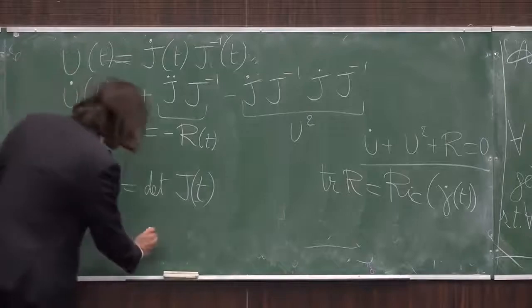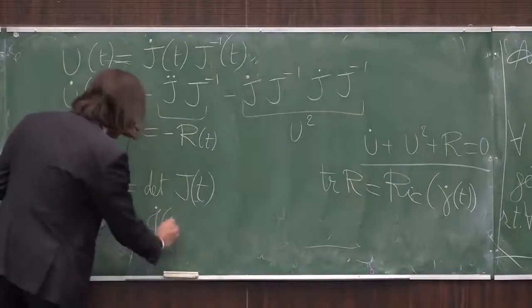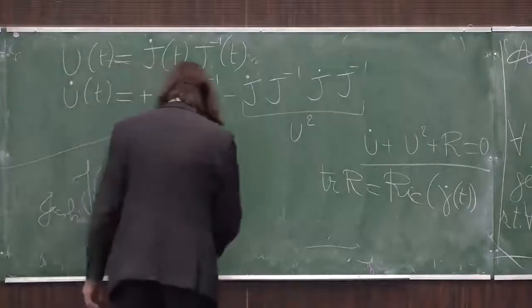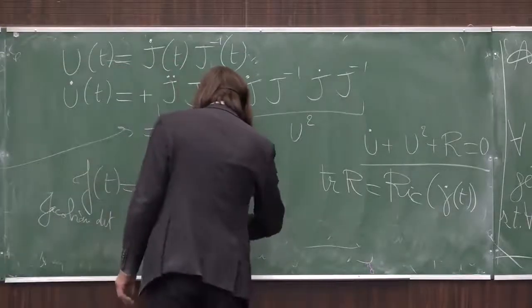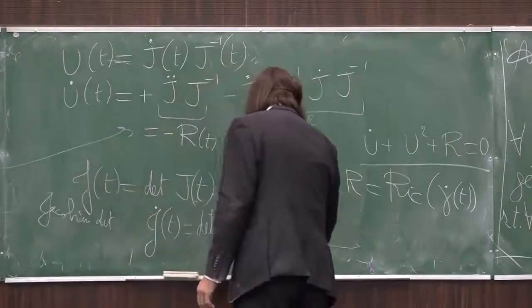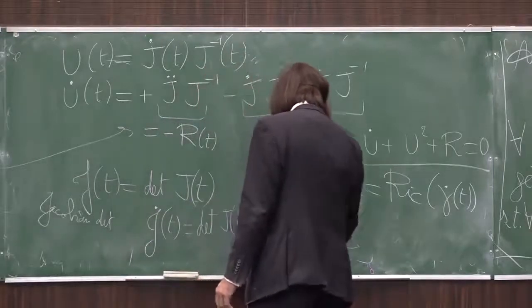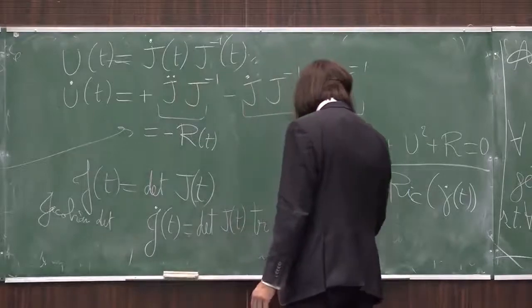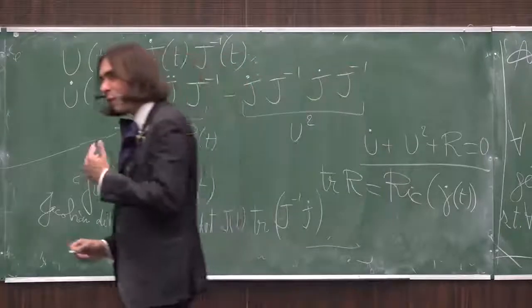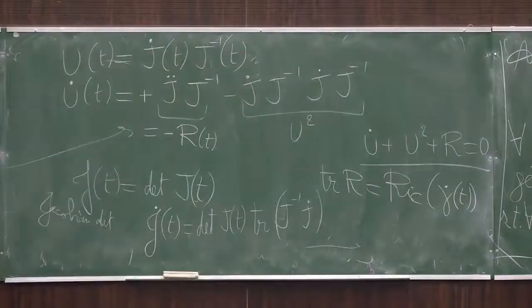Then, if we differentiate the Jacobian determinant and look at the time derivative of this, it will be determinant J of t multiplied by the trace of J minus 1 J dot. This is the formula about differentiating determinants.